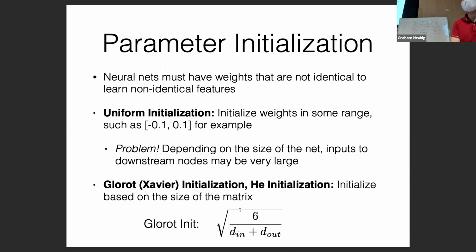Okay, guess not. What's the significance of using dimension sizes in the denominator? As I mentioned before, if the dimension size is larger and you initialize with uniform initialization, the variance will get larger. So you're dividing by the dimension size, so as the net gets larger, the initialization will get smaller.